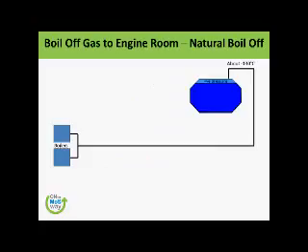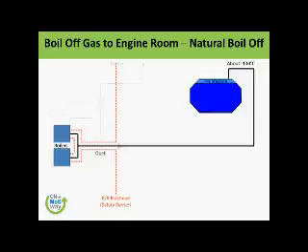So boil off gas to the engine room: natural boil off, very simply, goes to the boilers. Yes, boilers, we do not want to feed at very low temperature. So this is your engine room bulkhead, and this is the point where we need the boil off gas valve.